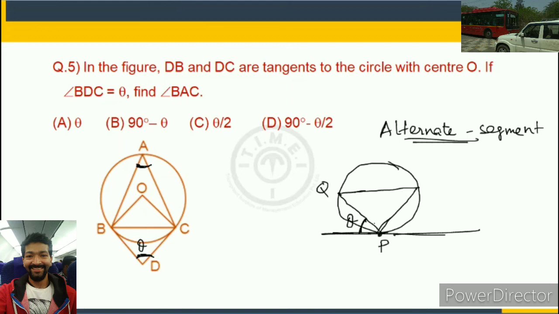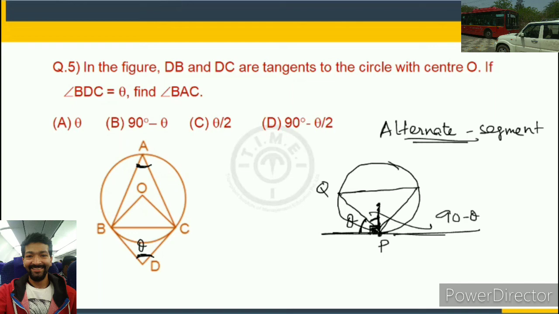If you are curious enough to know the proof of this theorem, I'll proceed with that also, because it's a very easy proof. I hope you all know that from the center of the circle, if you connect this to the point of contact, this angle is 90 degrees, yes or no? Which means if this is theta, this angle becomes 90 minus theta.